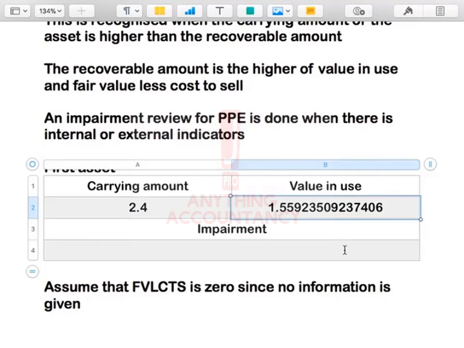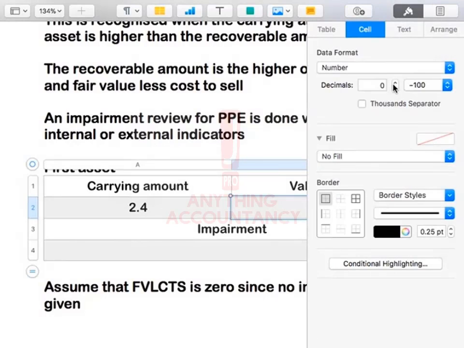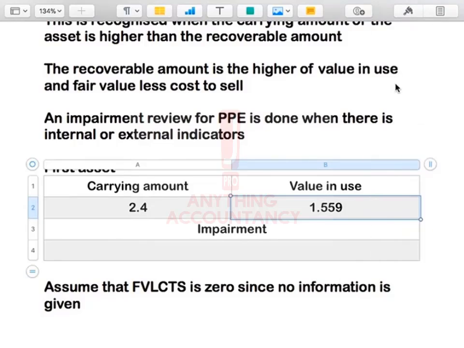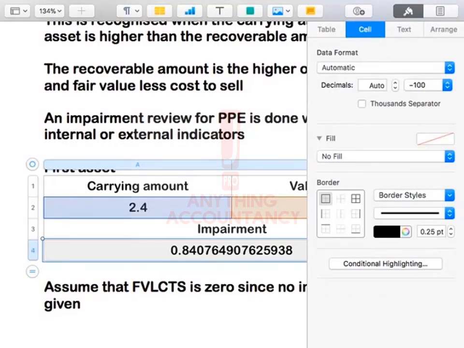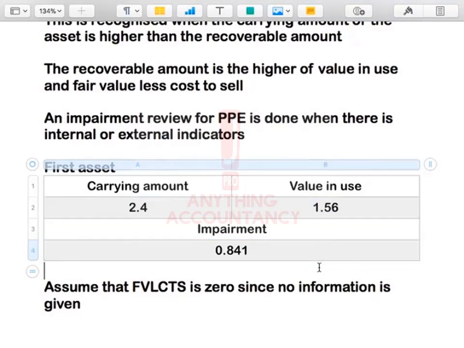Well, I think you get about 1.56, yes, no? Can you get 1.56? Okay, done.